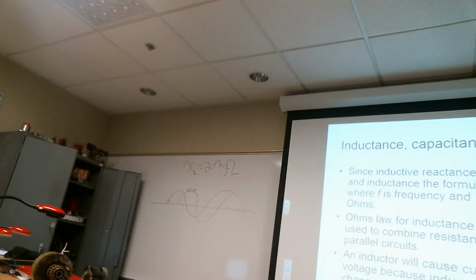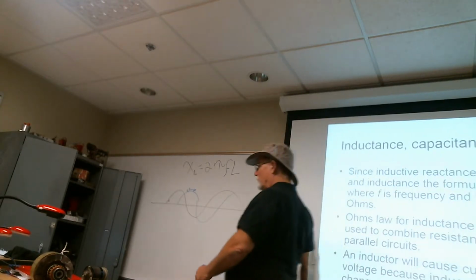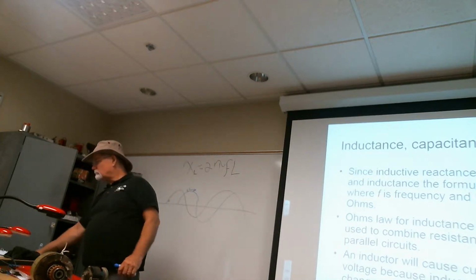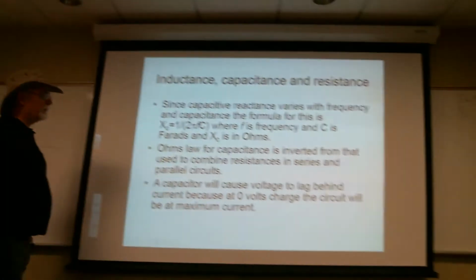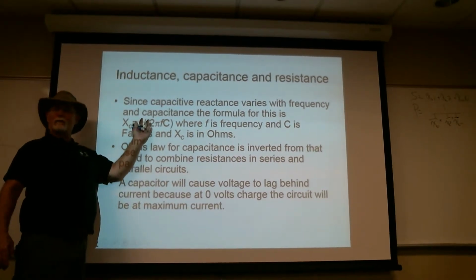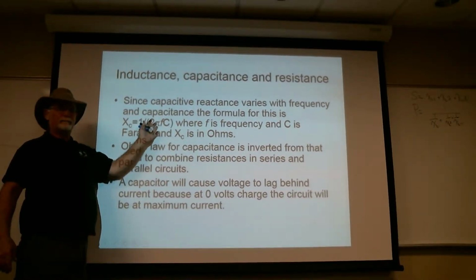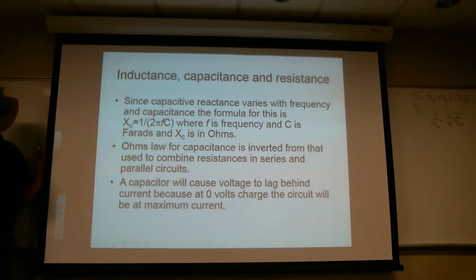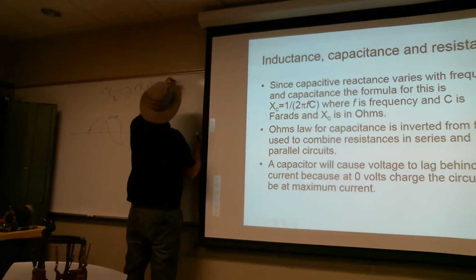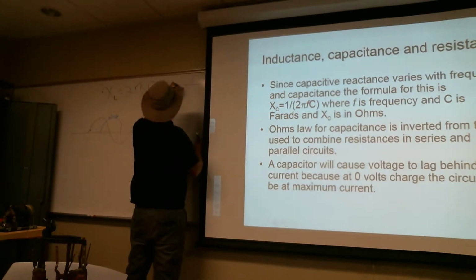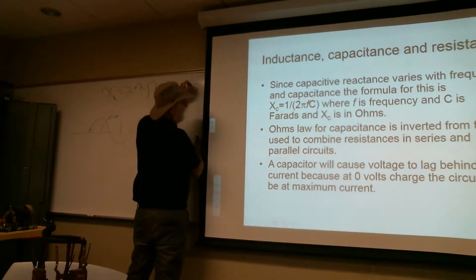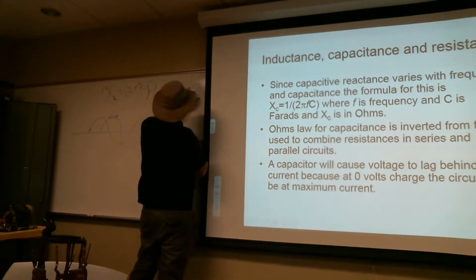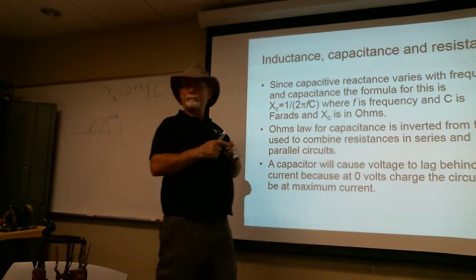All right, now for capacitor reactance, we're also going to have a formula, but we're going to have to modify the formula because the behavior is backwards. Okay, so we're going to have to use a reciprocal formula. So for the reciprocal formula, we're going to say X sub C equals 1 over 2 pi frequency and capacitance as measured in farads.